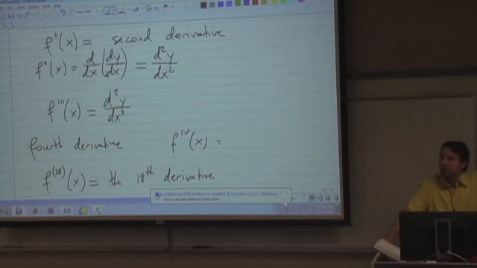Do you understand what you need to do? You have to basically guesstimate the slope of the tangent at each point. That's basically the idea. Does that make sense?